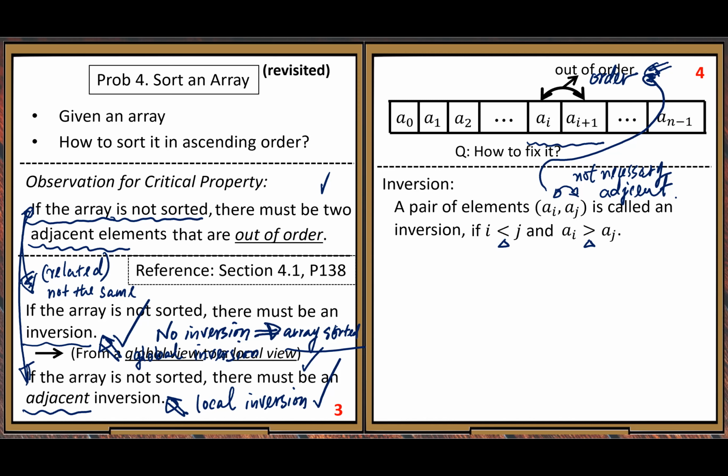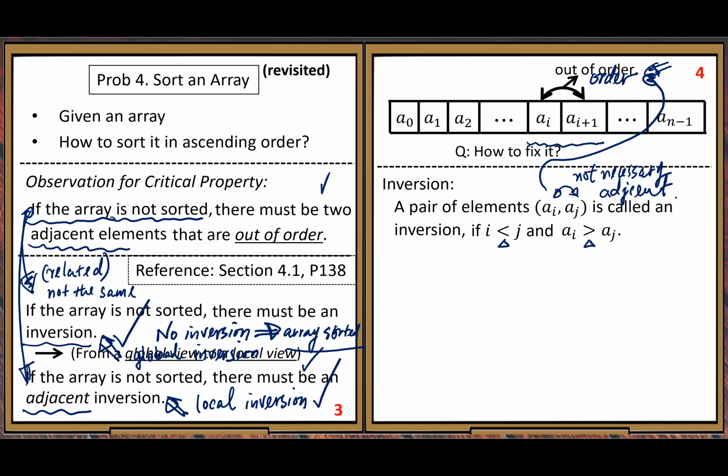Given an unordered array, we need to sort it, or we can say we need to fix the order problem. Because our goal is to make this array sorted in order. So we treat out of order behavior as a problem, and we want to fix the problem.